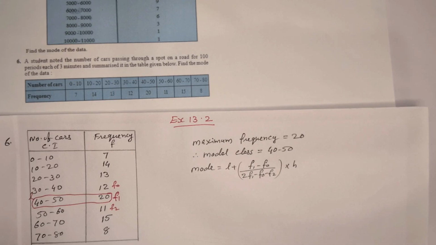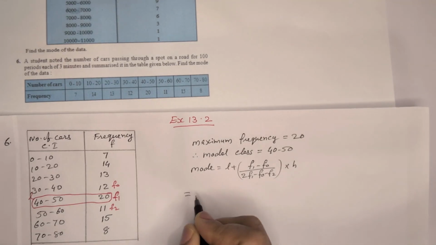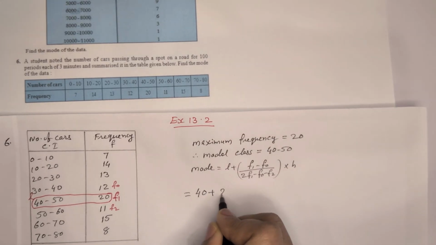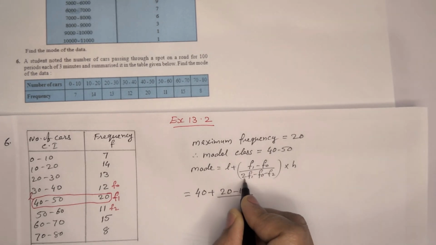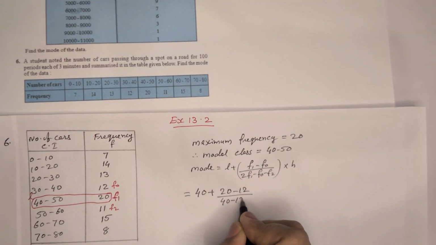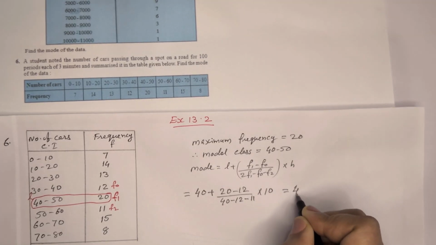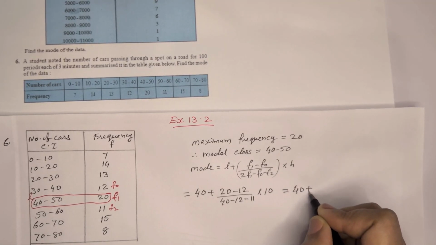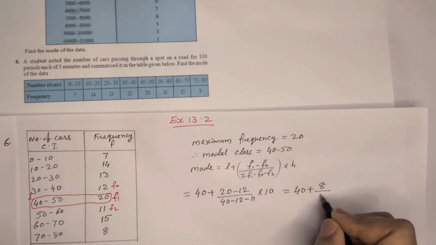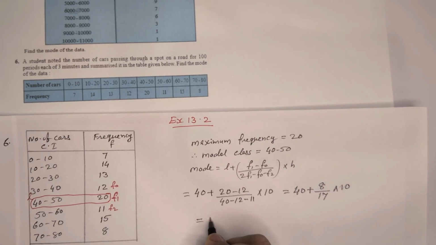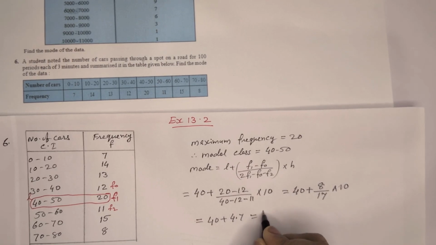So we can put the values in the formula. Mode is equal to L, which is 40, plus F1 20 minus 12 divided by 2 F1, that is 40, minus 12 minus 11 into 10, which is equal to 40 plus 20 minus 12, that is 8 by 17 into 10, which is equal to 40 plus 4.7 is equal to 44.7.